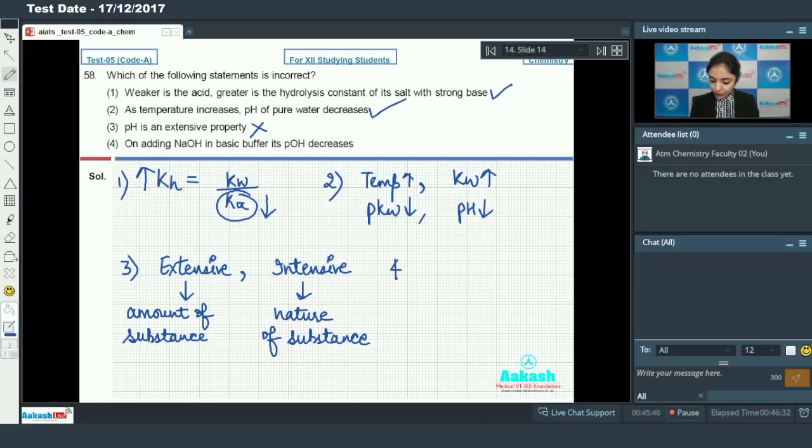Now you have the fourth option which says that on adding NaOH in basic buffer, its pOH decreases. The basic buffer comprises a weak base plus salt of the base with strong acid.